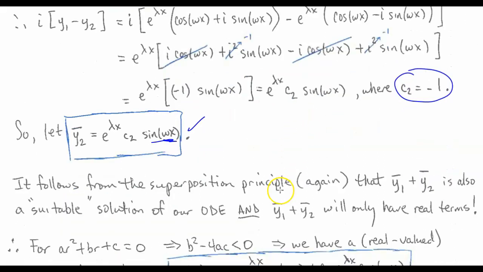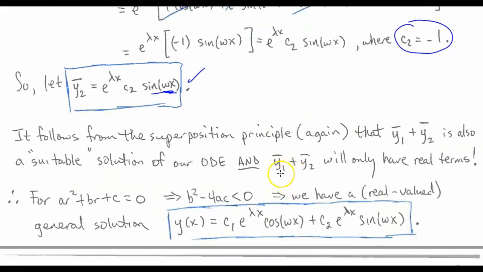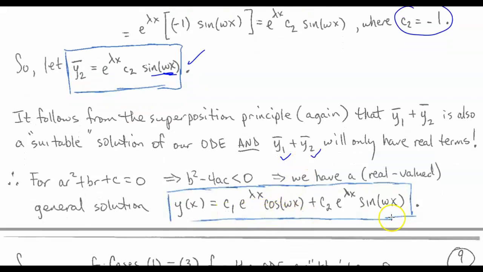So here we see that if I add this y sub 1 bar and y sub 2 bar together, what I essentially get is a linear combination of e raised to the lambda x times cosine of omega x and e raised to the lambda x times sine of omega x. And of course, here I don't see any terms with i in it, so I know I'm dealing with all real number valued situations.